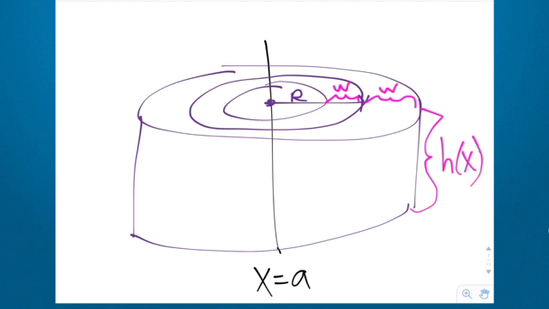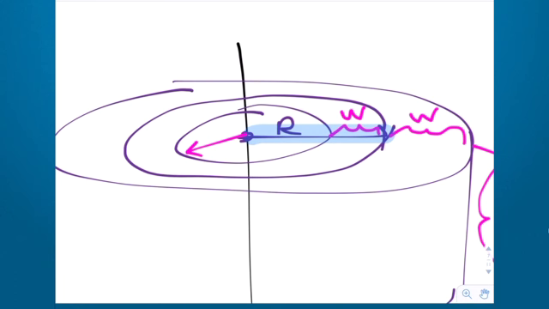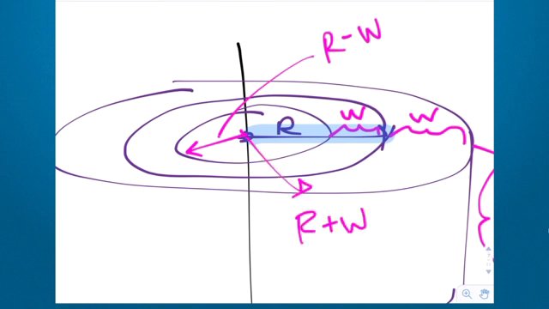So instead of saying I have an inside radius and an outside radius, I'm going to let R equal the average radius, essentially. I'm going to make my average radius be right in the middle, so that the smaller radius is R minus W, and my outer radius is R plus W. Are you okay with that?